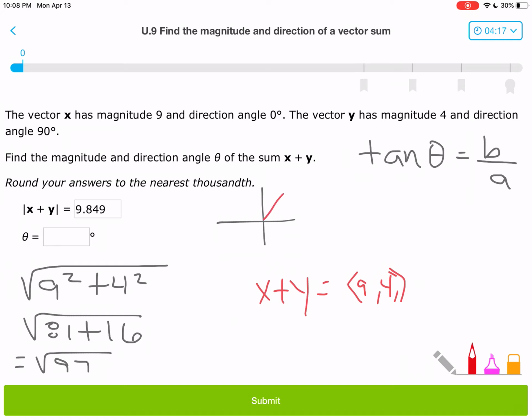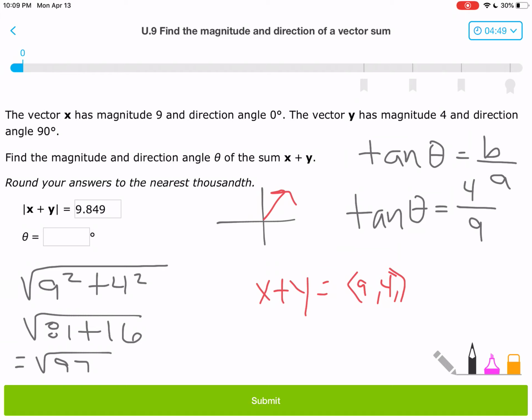So that means my vector is going to be somewhere in the first quadrant, so I'm not going to need to add anything to my answer here, which is convenient. So tan theta equals, my B is 4 and my A is 9. So I am going to do the inverse tangent of 4 over 9.